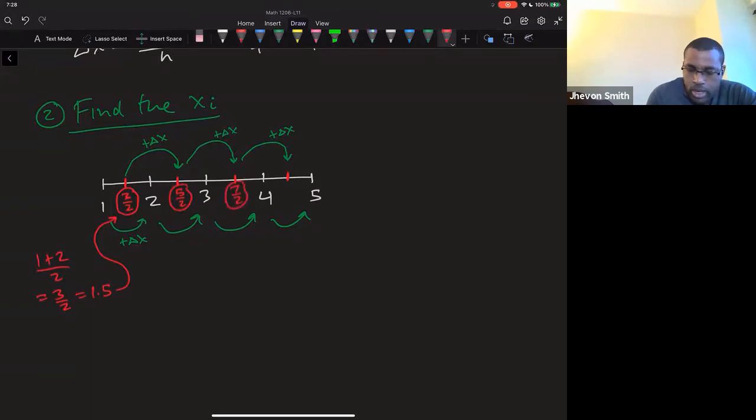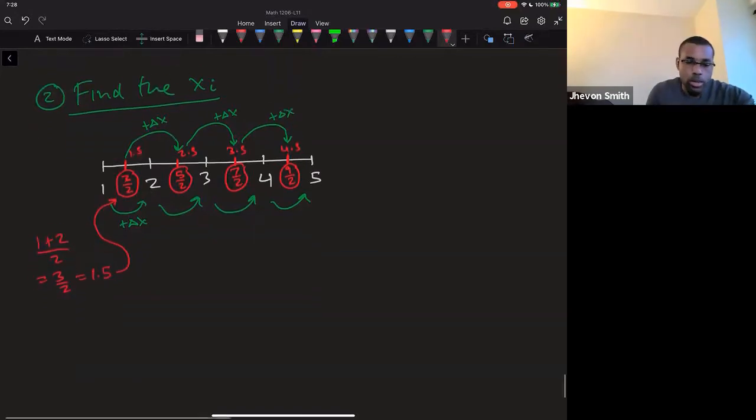Add 2 over 2, you get 9 over 2. Right? So that's like your 1.5, this is 2.5, this is 3.5, this is 4.5. And so those are the numbers that you would use here.